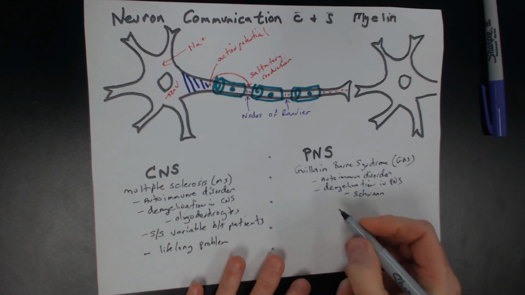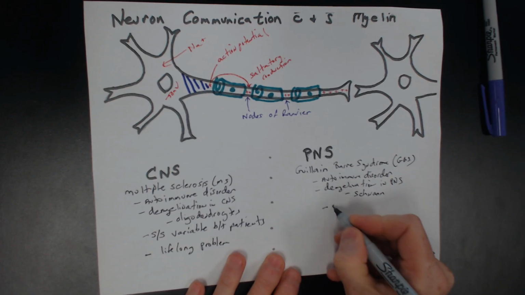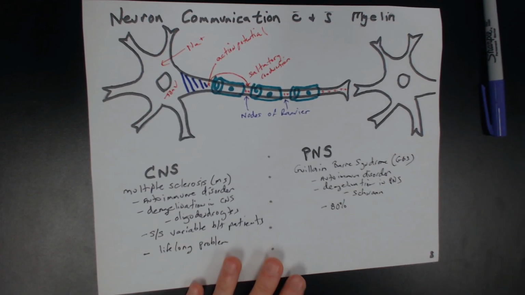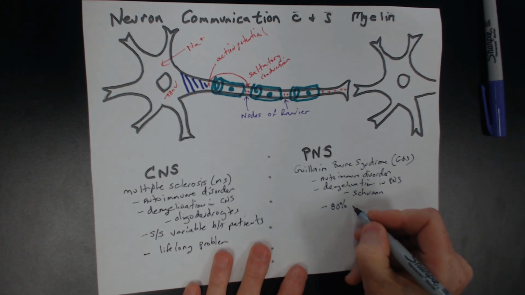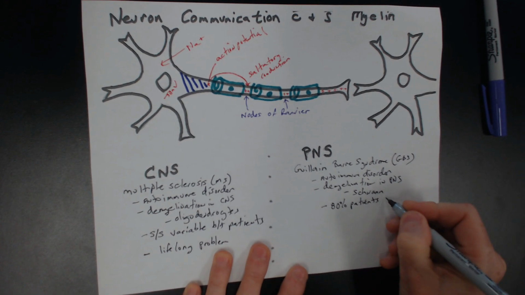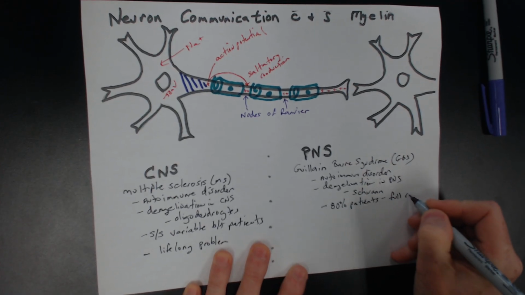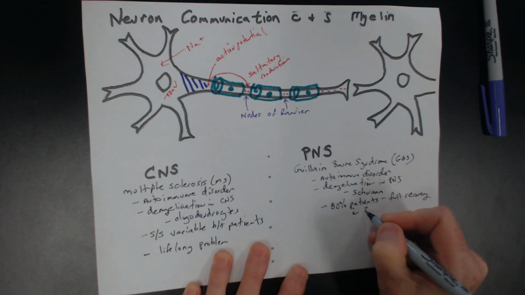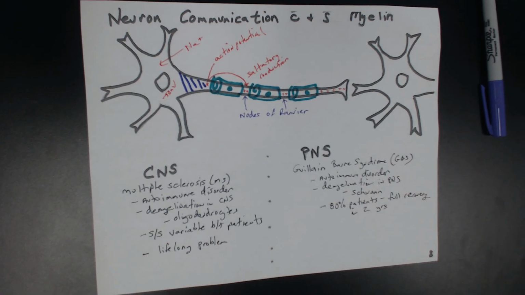Where Guillain-Barré, approximately 80% of patients diagnosed with Guillain-Barré have a full recovery in 2 years. Okay, it's a little bit different than multiple sclerosis.